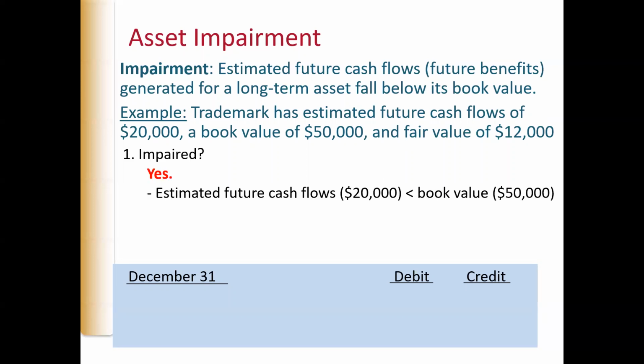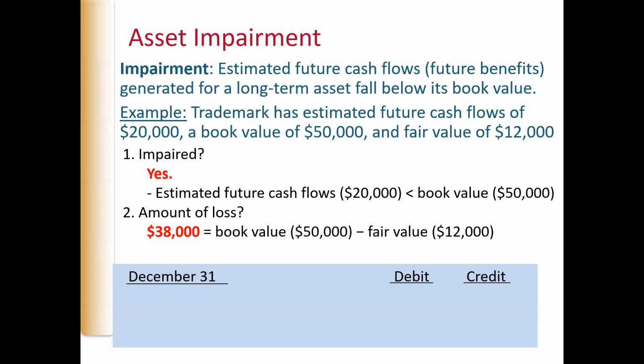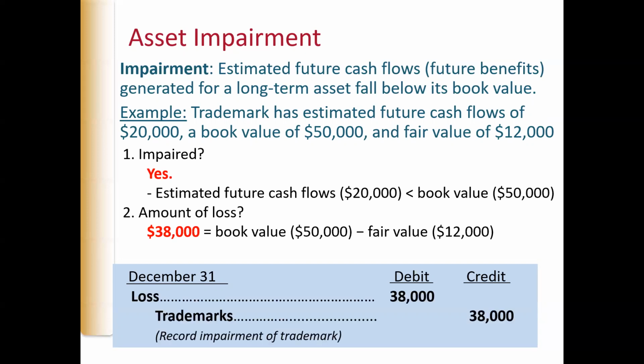So we've got a loss of $38,000, the difference between the book value and the fair value. Therefore, what we would do here is debit our loss of $38,000 and credit our trademarks of $38,000. So the new book value of trademarks in our books will now be $12,000.